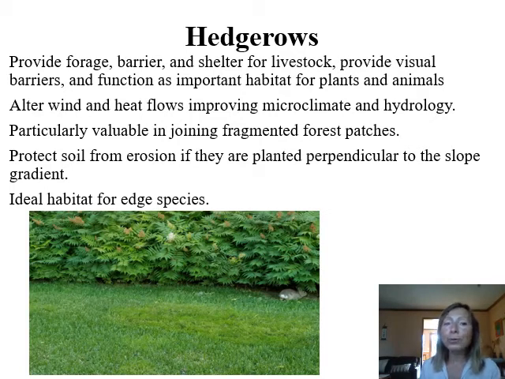Hedgerows can also be used for preventing erosion if they are planted at 90 degrees to the slope gradient, and they're especially valuable in joining fragmented forest patches of remaining vegetation. They are ideal habitat for edge species, and we can find them in various forms in many parts of the world, both in rural and in urban landscapes.